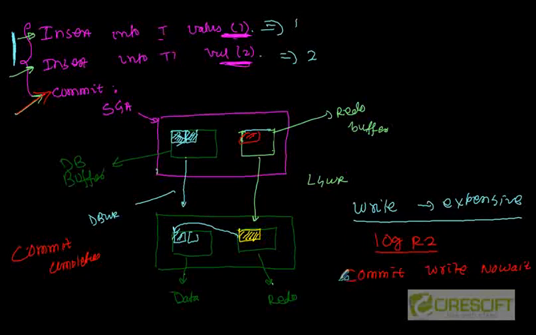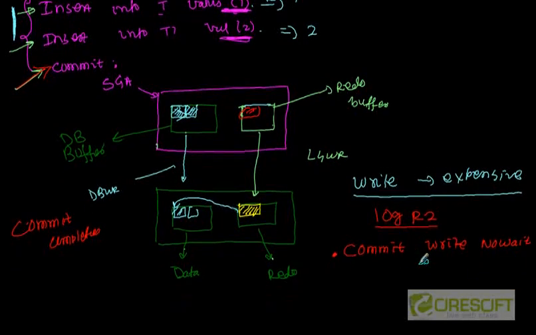So if you give commit write no wait, imagine a scenario like this. Oracle immediately gives back that commit is complete, before it actually is. The log writer is in the process of writing, but has not completed the writing.